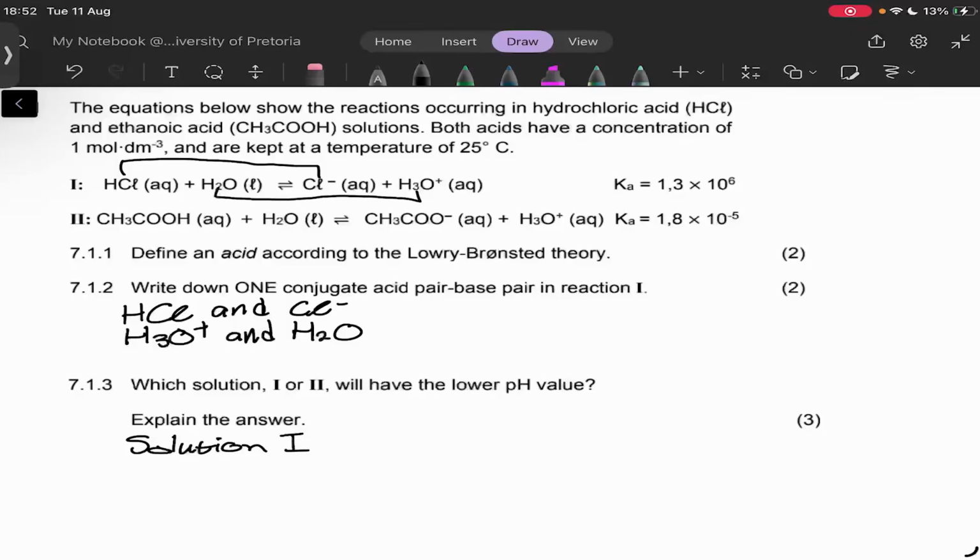So what we will see is that hydrochloric acid is a stronger acid than ethanoic acid because hydrochloric acid has the higher Ka value.